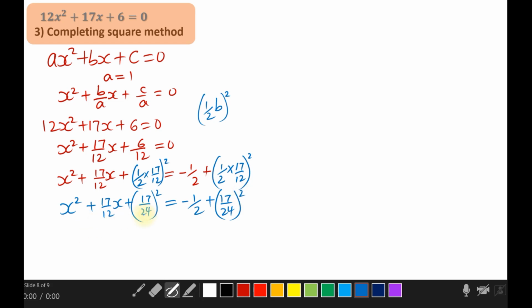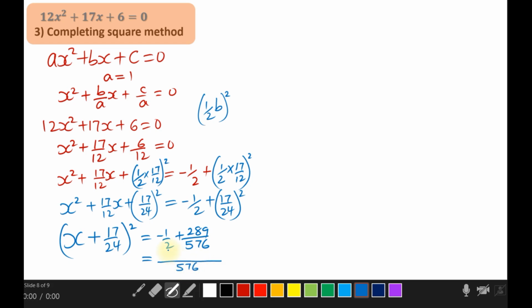Now in the left hand side, since it is a perfect square, this can be written as x plus 17 over 24, in brackets, squared, which would be equal to minus 1 over 2 plus 289 over 24 squared, that is 576. If we simplify the right hand side, the LCM is 576.